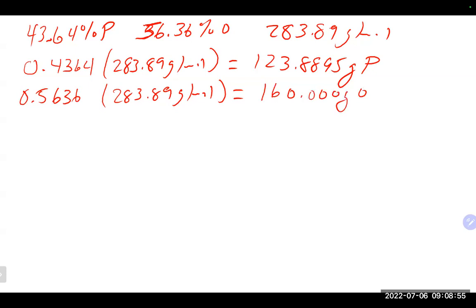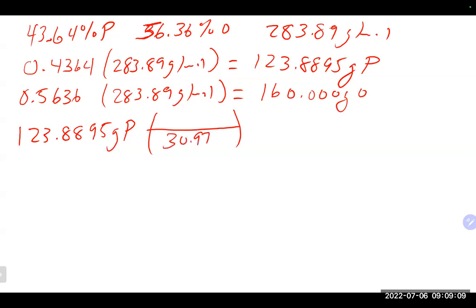Now that you have the grams of phosphorus and oxygen in the molecular formula, you can just convert those into moles by using the molar mass from the periodic table, which is 30.97 grams per mole for phosphorus, and 16 grams per mole for our 160 grams of oxygen.